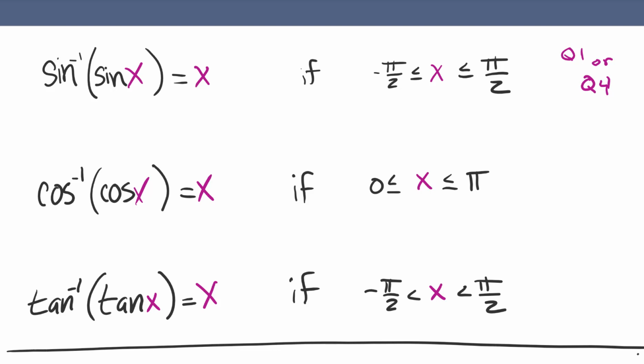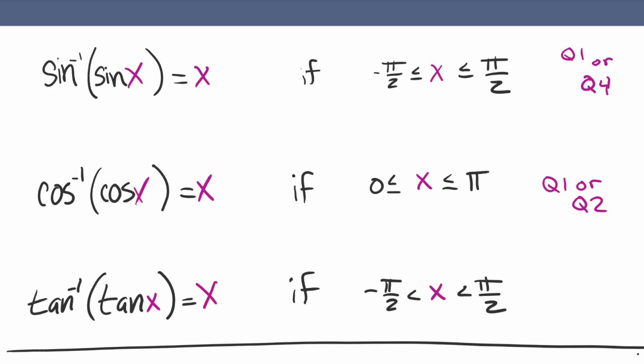When we go to cosine, we're going to say, well, it's going to pop out its answer, but only if it's in quadrant 1 or quadrant 2, in between 0 and pi. Only angles between 0 and pi. Now, we're always going to get an answer for all of these. It's just we can guarantee that the input will be the output if these conditions hold. If not, we do a little bit more work.